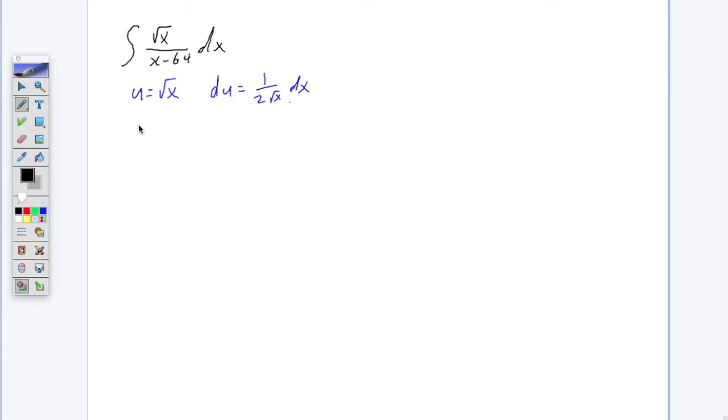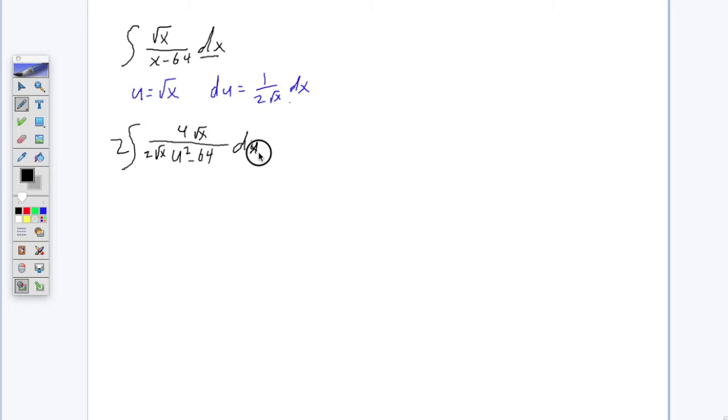So let's start. I'm going to expand this out and make it a little bit bigger. x we will replace with u squared minus 64. Square root of x we will replace with a u. But to replace the dx with du, we have to add a 2 square root of x down here, which means we have to add a square root of x up here. We need to add a 2 out here, and then we can make this du.